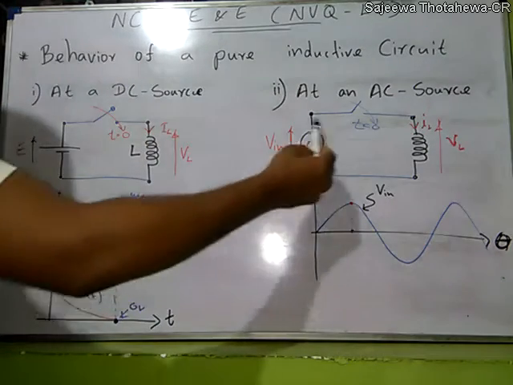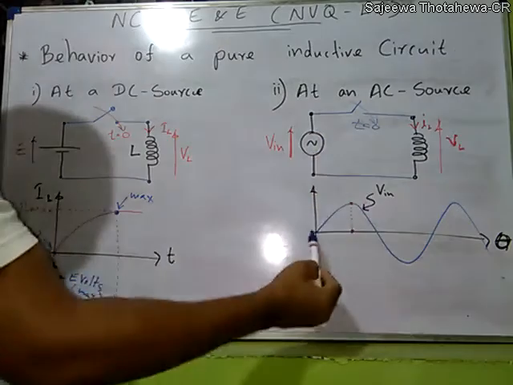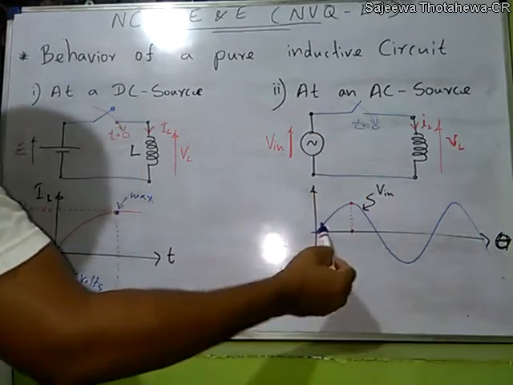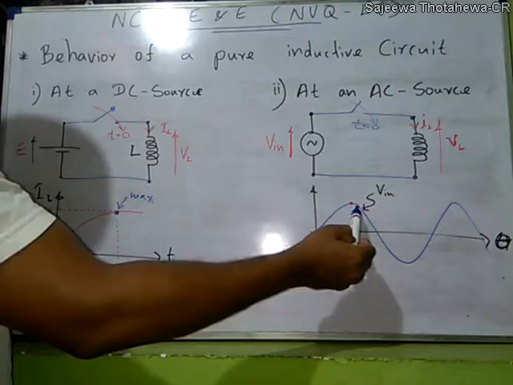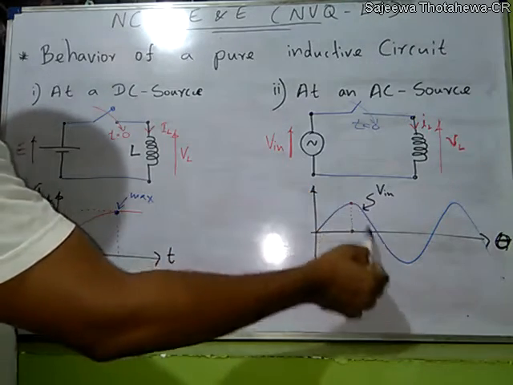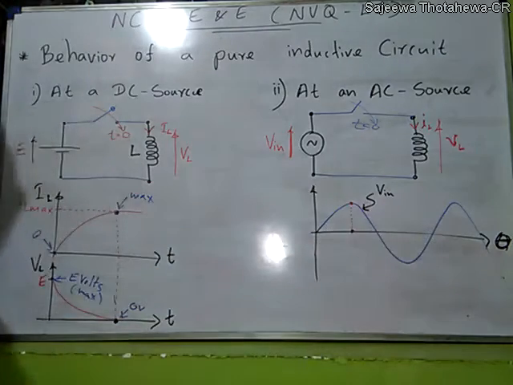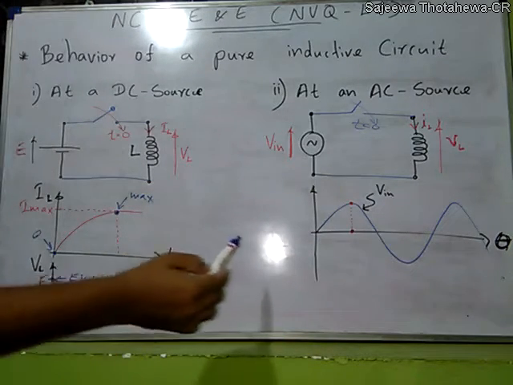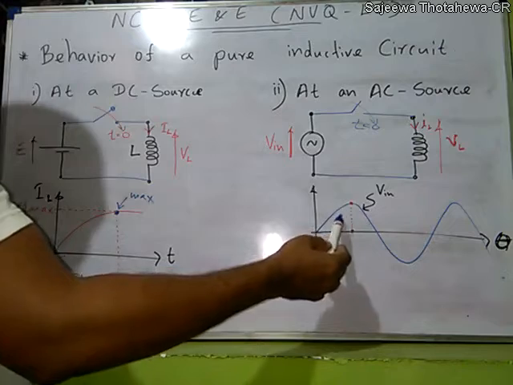The nature of the input voltage of this circuit is sinusoidal. We take that as V in. Here you can see the graph, with respect to this input voltage.